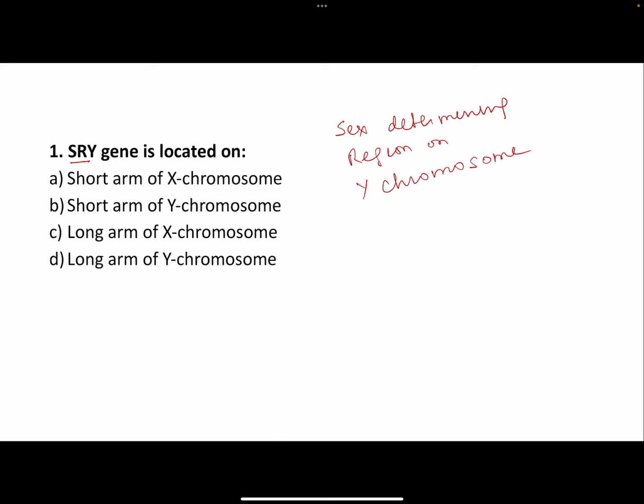So this SRY gene is located on the short arm of Y chromosome. So the answer to this question will be the short arm of Y chromosome, that is option B. Also remember that the long arm of the X chromosome contains the gene for androgen receptor.